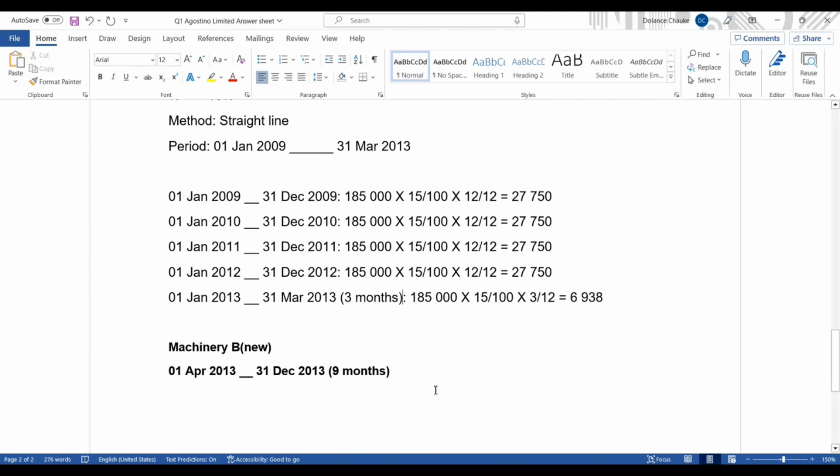You see when I said the period is very important, because once you do things and the period is the problem, or you don't understand, then we're going to have issues. So 9 months there. That means for the new machine that was purchased, we can start by determining the period.